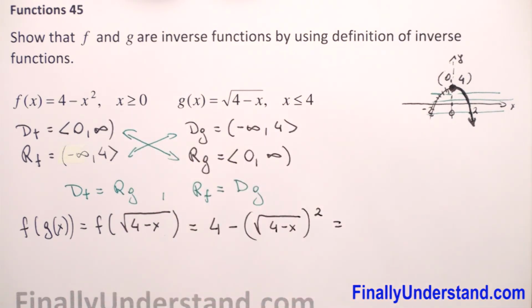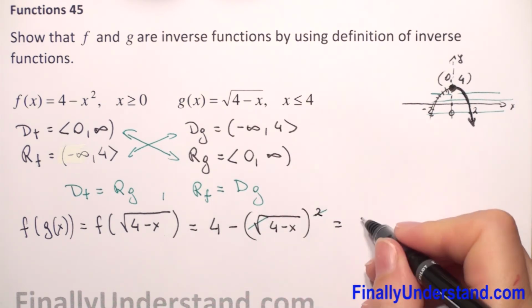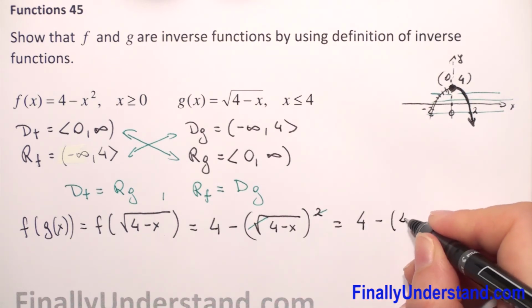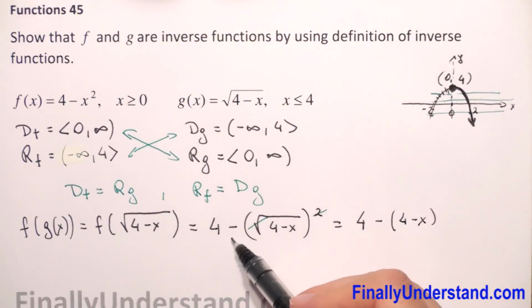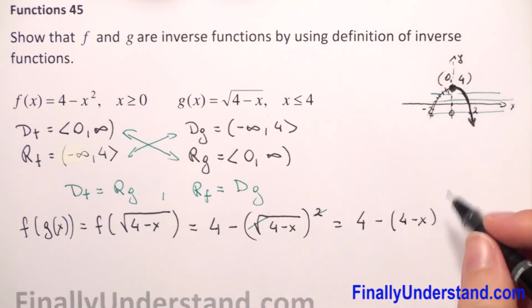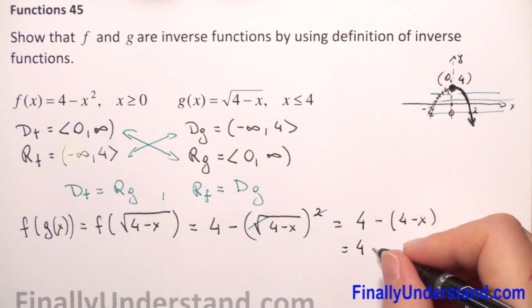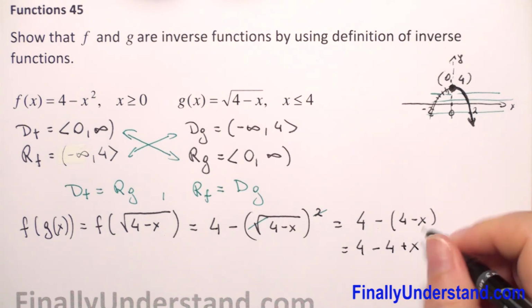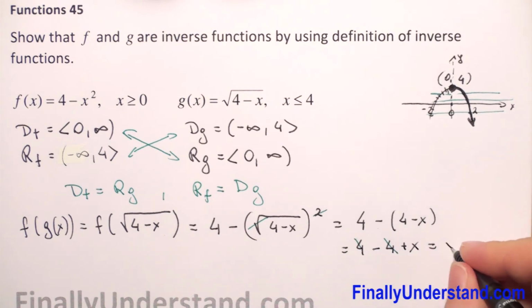So this is equal, the square root we reduce with exponent 2, so we have 4 minus, and in parentheses we will have 4 minus x. I wrote this in parentheses because we have a negative sign before this whole expression. So this is equal 4 minus 4, negative and negative, so will be positive x. So this is equal 4 and 4 will reduce, so this is equal x.